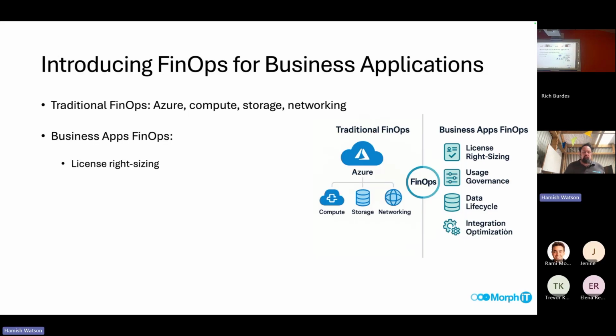The first pillar is license right-sizing. Our licenses are one of the largest controllable cost centers. The next pillar is usage governance. This is about understanding which environments exist, who is using them, and whether they need to remain online. We need to look at our data lifecycle optimization, because our data can accumulate rapidly.